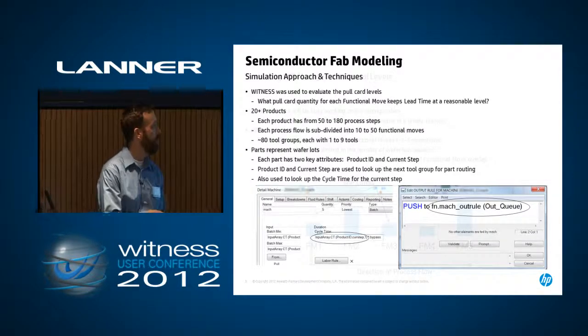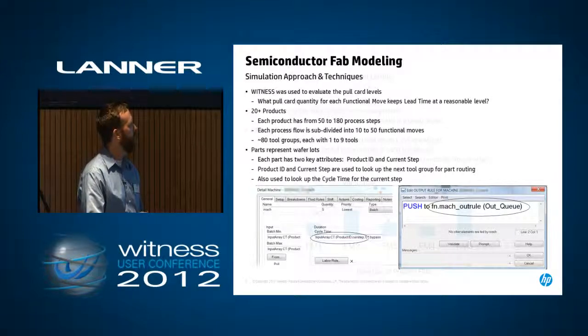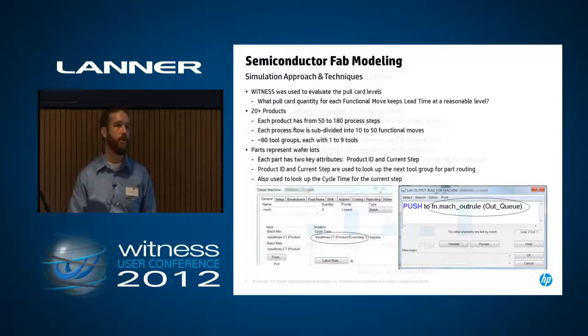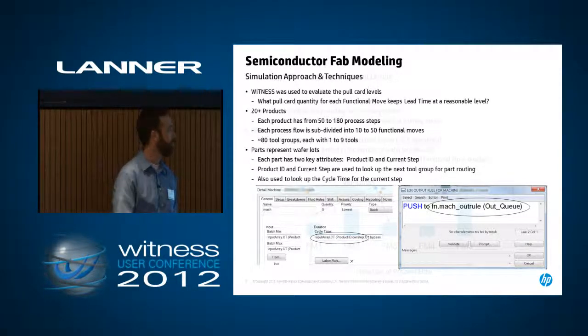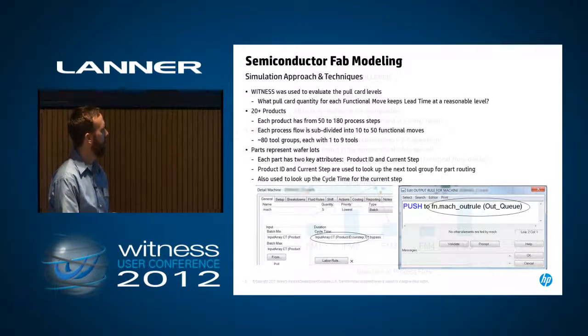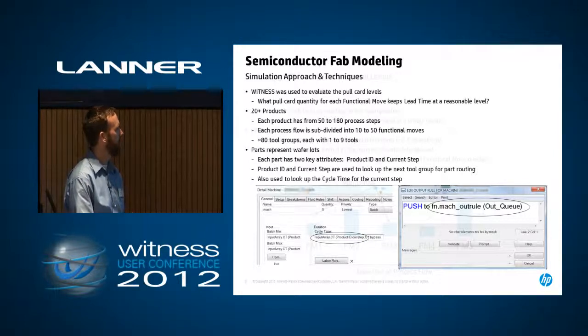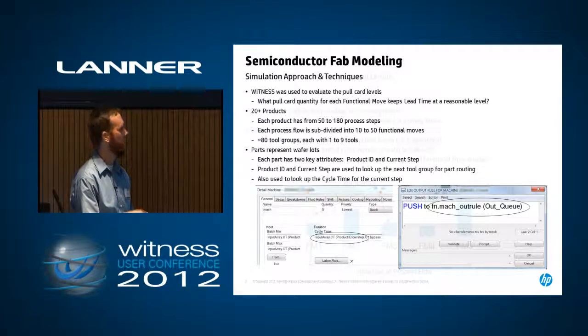So the WITNESS model was built to evaluate those pull card levels. And the basic question here was what pull card quantity for each functional move is going to keep the product lead time at a reasonable level. And so to give you a sense for what the production environment looks like in our fab, we usually have around 20 or so products.